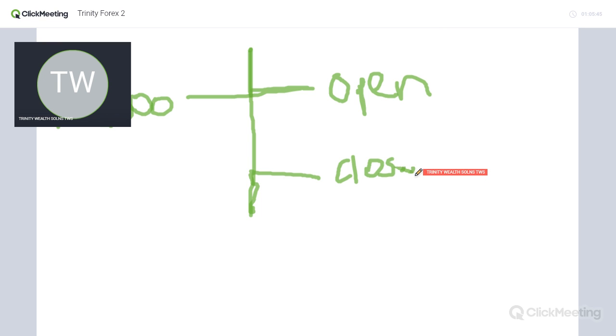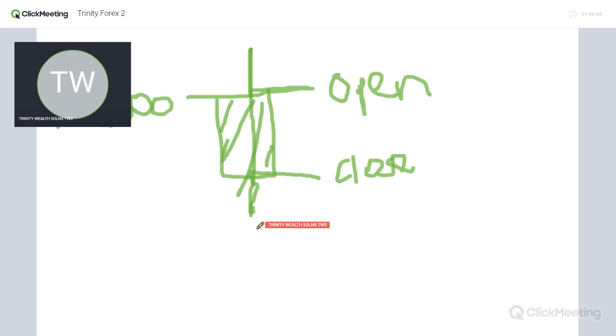Okay. So when the close is below the open, it means that in that 1 hour the bears outweighed the bulls, and that's a bearish candlestick. So this will be our body of the candlestick, between the open and the close, and the low will remain the low.